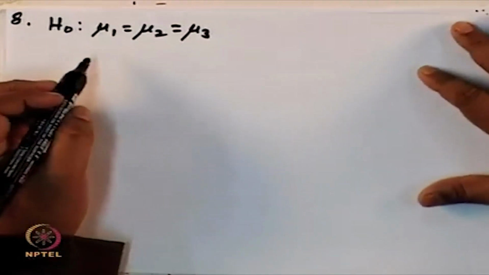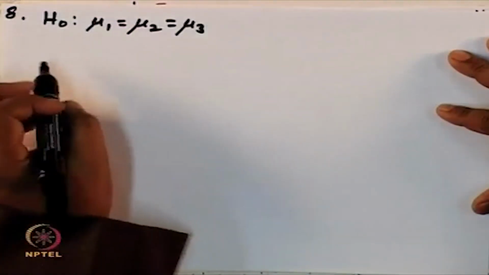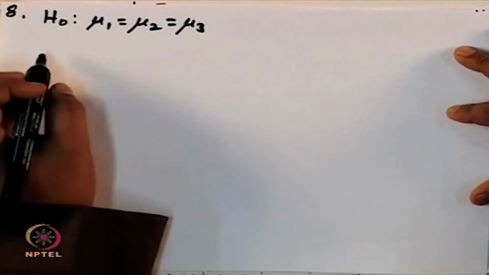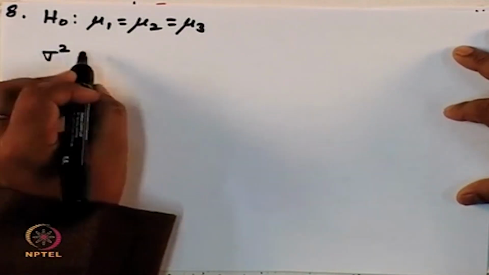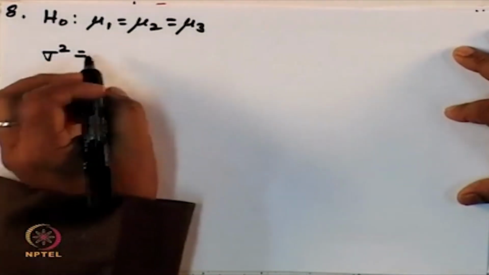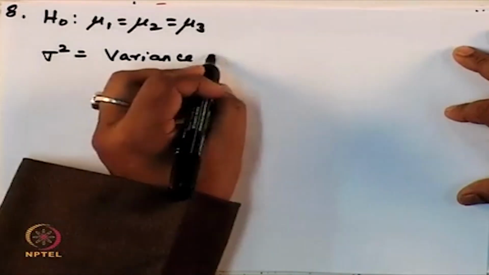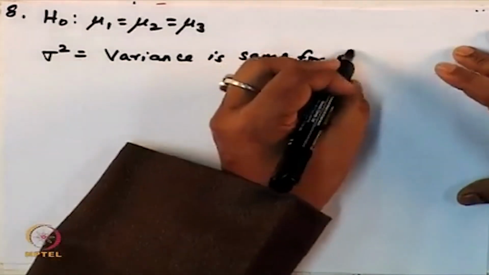You have 3 conditions, and you assume that there is no difference of nutrition on attention span. Okay. And for doing this you need to calculate some test statistic. So, the inherent assumption is that sigma square, the variance, is the same for all k populations.